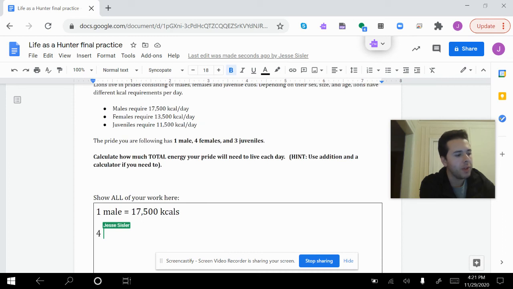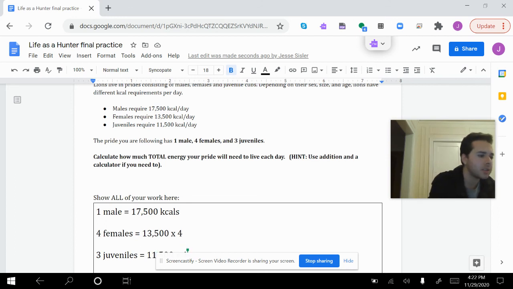We have four females, so for that we're going to do 13,500 times 4. And we have three juveniles, and for that we're going to do 11,500 times 4. I got those numbers again from up here, what I just highlighted.